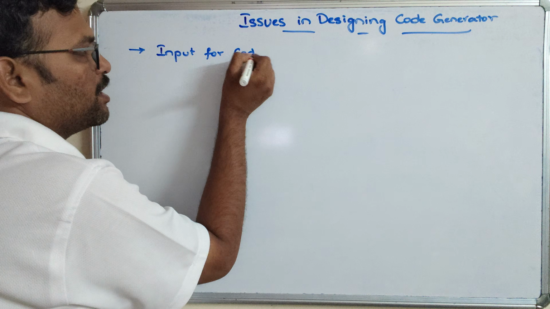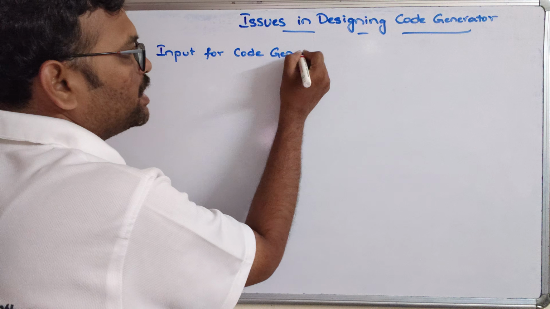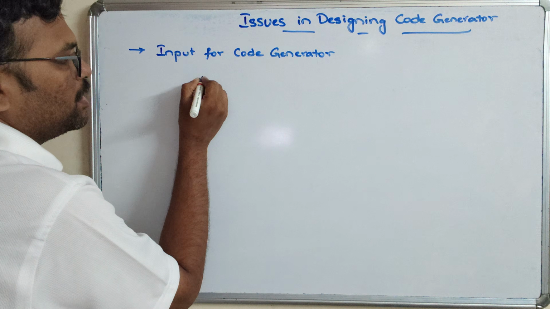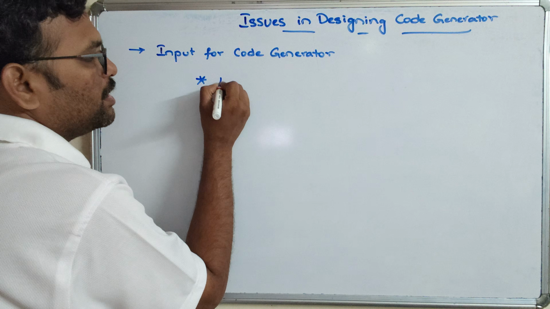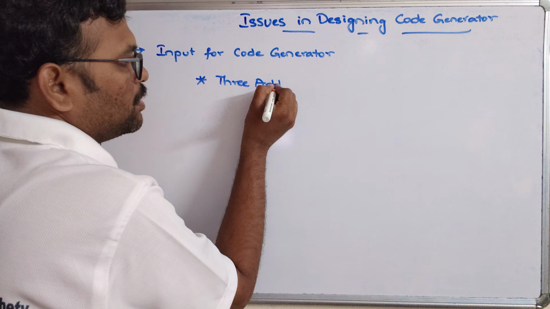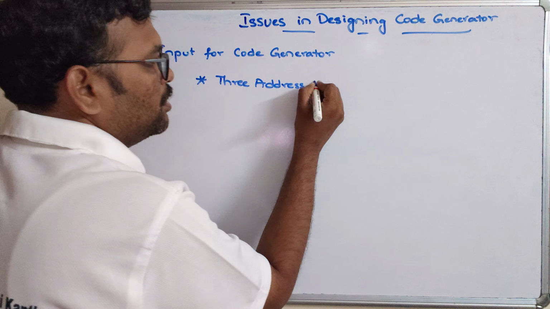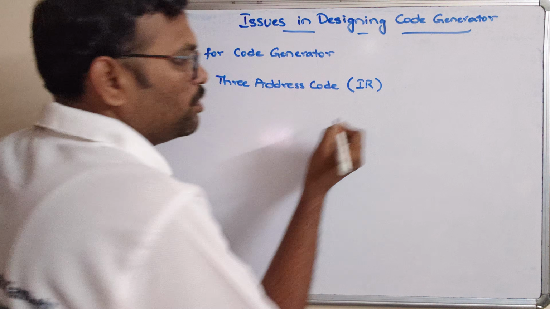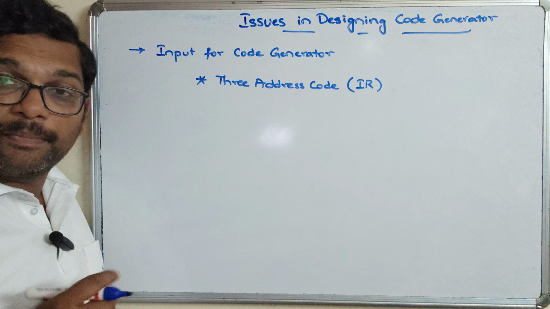Input for code generator. We already know what the input for the code generator is. The first one is a 3 address code. Actually we can call it an intermediate representation. We have studied the intermediate representation.